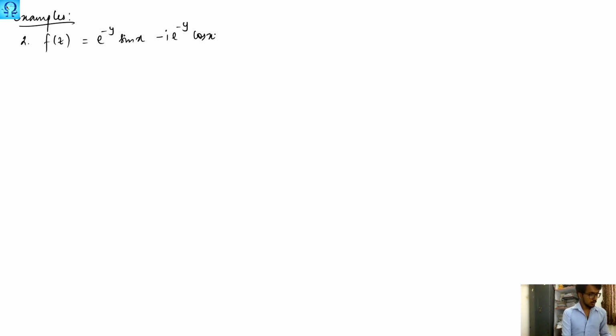Now let us see a few more examples. This is the second example in harmonic functions. If you consider f of z to be e to the power minus y sin x minus iota times e to the power minus y cos x, we may prove this function is an entire function. In order to prove this, let us look at the CR equations.